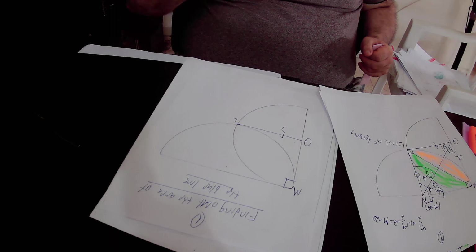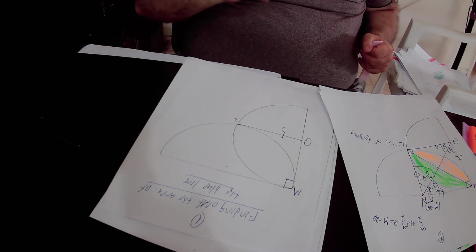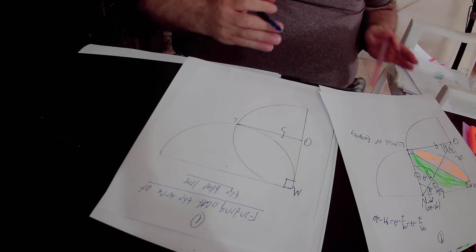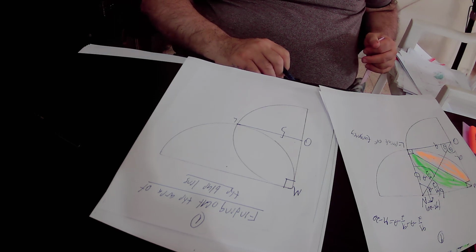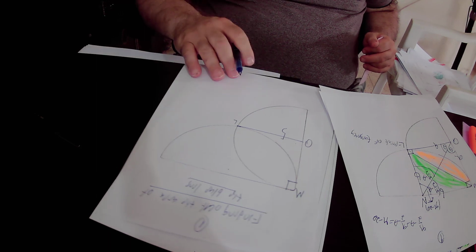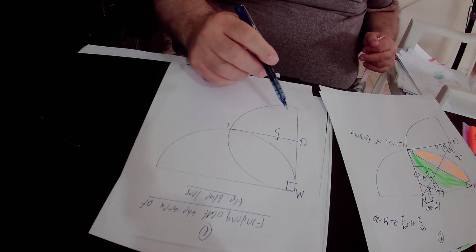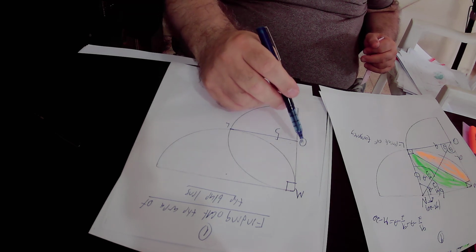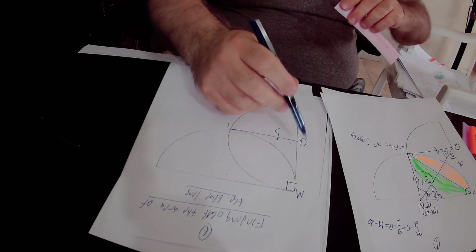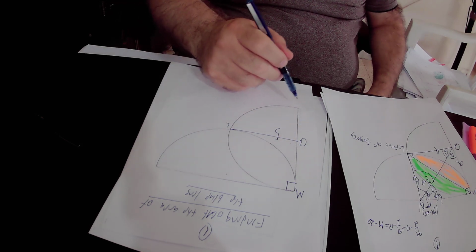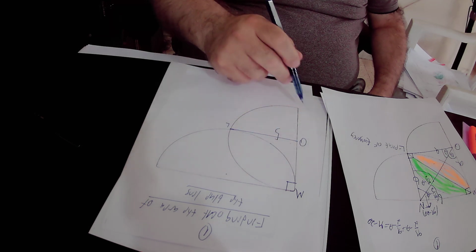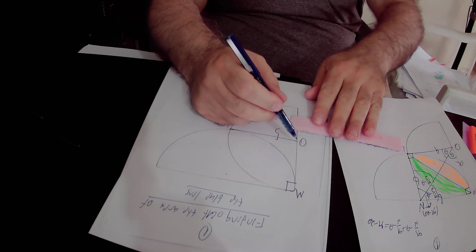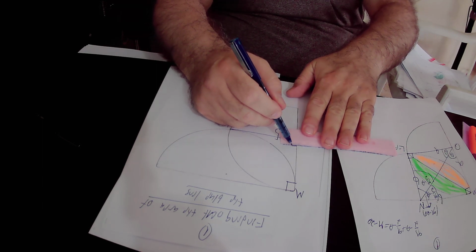And because the two semicircles have the same radii, that is to say they are identical, when we draw this radius that is perpendicular to the diameter of this semicircle, this angle must be equal to 90 degrees.